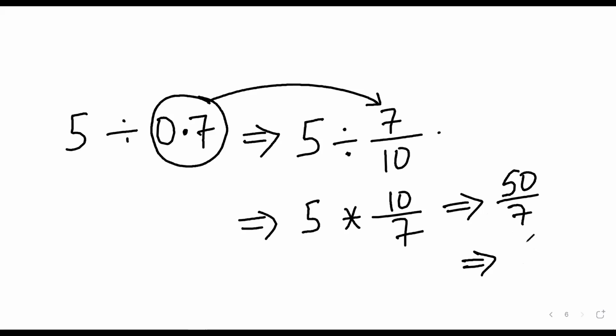And this will be equal to? Any doubt? 7, 1 upon 7. Tanvi, is there any doubt about this? No, sir. Aishwarya ji, any doubt about this? No. Okay. So if there is no doubt about this, Aishwarya, you need to tell me about this.